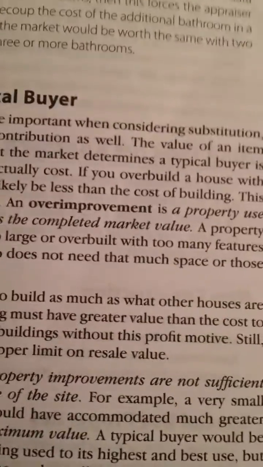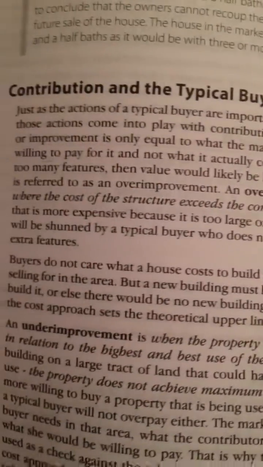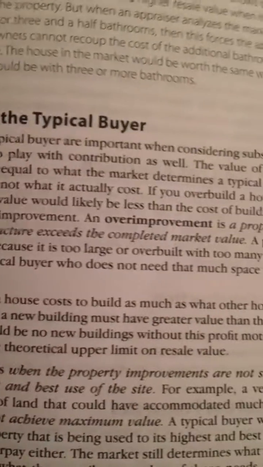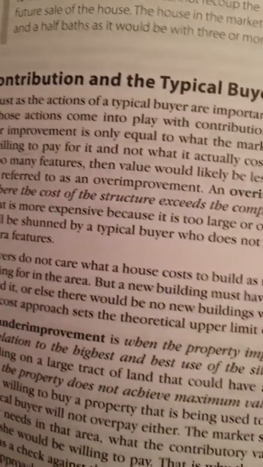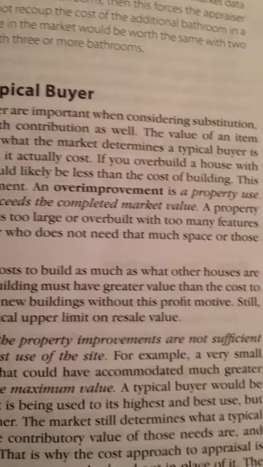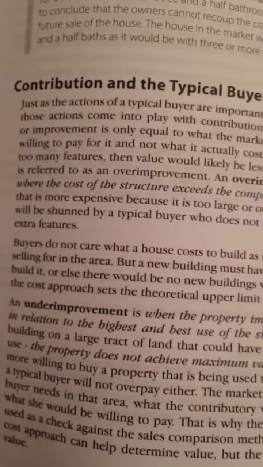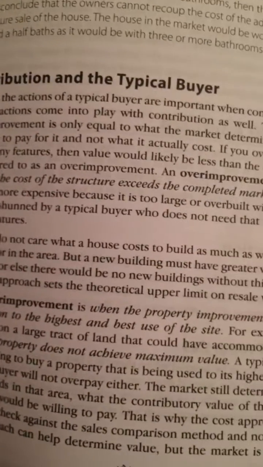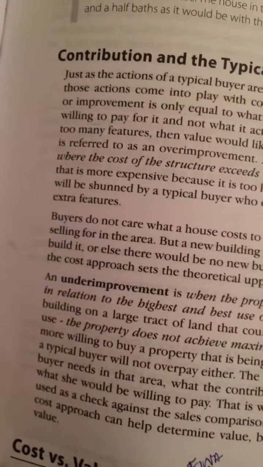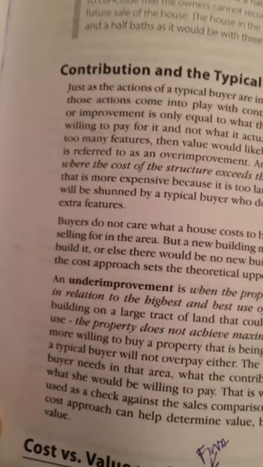An over-improvement is a property use where the cost of the structure exceeds the completed market value. A property that is more expensive because it is too large or overbuilt with too many features will be shunned by a typical buyer who does not need that much space or those extra features.